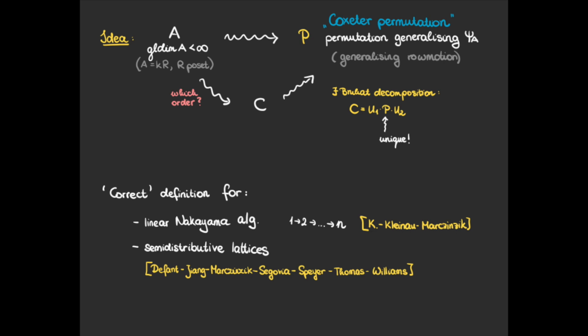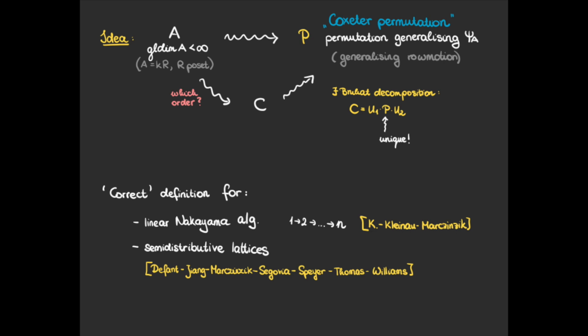So the question is, which order of the simple modules should we choose so that we get a meaningful generalization of the map psi, meaningful so that it preserves some homological properties, or from a lattice theoretic point of view, so that it preserves some interesting properties of the row motion map.